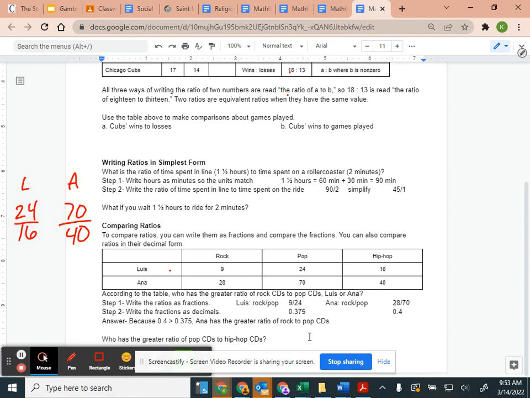What is 24 divided by 16? 1.5. What is Anna's? 70/40. 1.75. So who has the greater ratio of pop CDs to hip hop CDs? Anna does, because that 1.75 is bigger. So when we're comparing those two ratios, you have to do that dividing to see what it is.